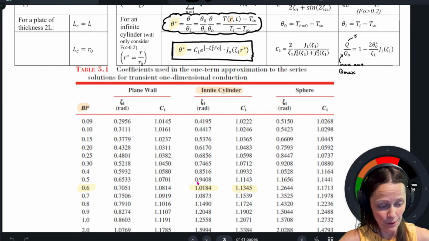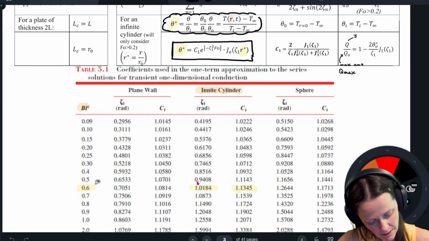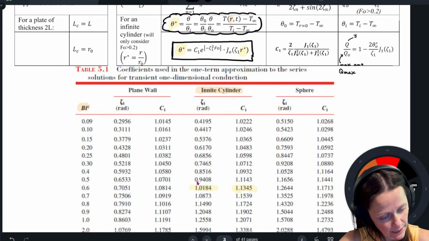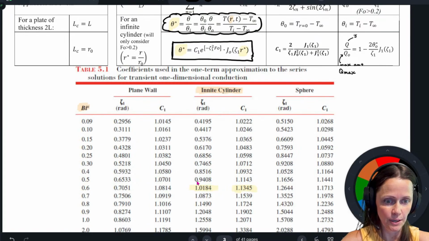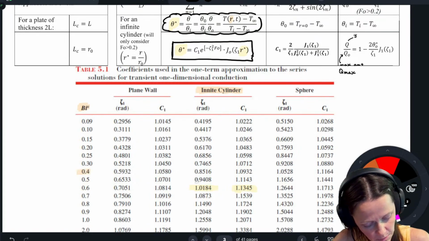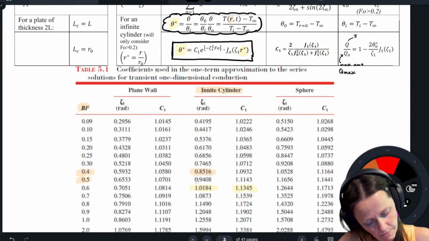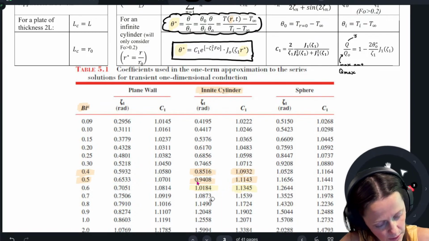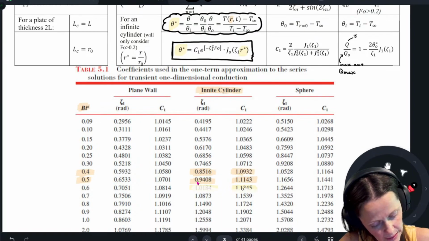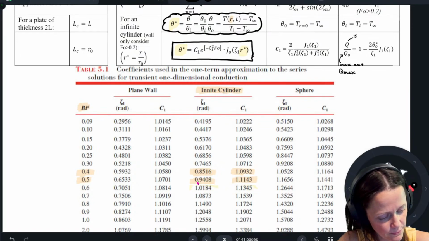All right, so I have a Biot number of 0.43, so it's going to be between this guy and this guy. So there we go. Get rid of that guy and that guy. Okay.